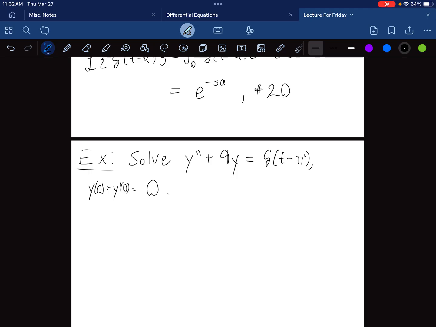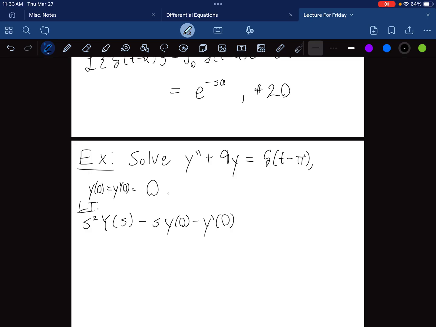And so with this, our first step is going to be to take the Laplace transform, because none of our previous techniques can solve this ODE, so we have to use the Laplace transform. First, let's start off with the Laplace transform of y double prime. That's just the second entry in your table, so that's going to be s squared capital Y of s, minus s times y of 0 minus y prime of 0.